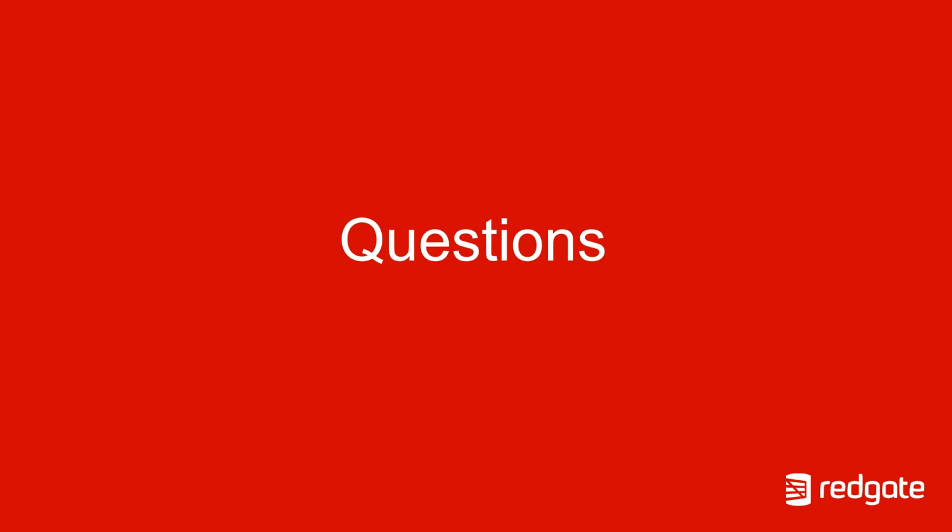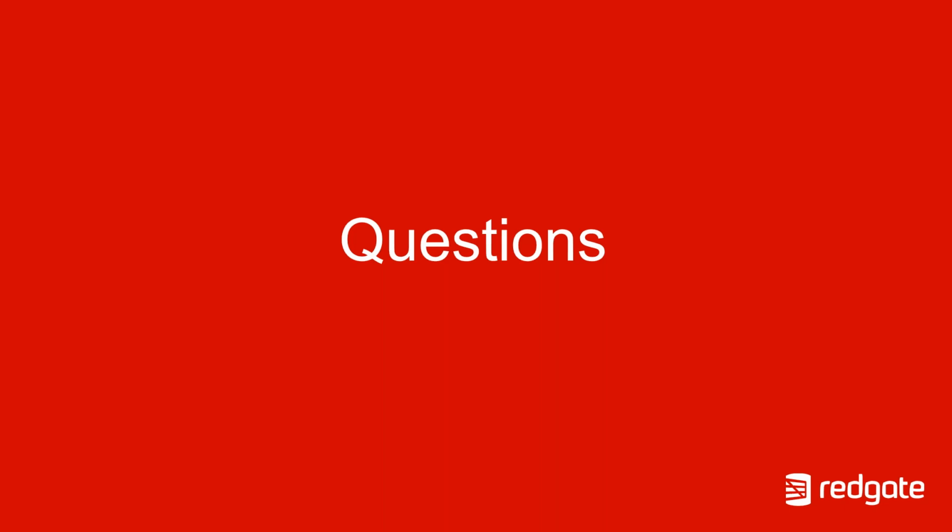Another question here: are there any further resources around DevOps and Redgate solutions? Yes, we have. I've covered a few areas in a very broad sense today. If there are particular parts of it that are of interest to you, then you can head on over to the Redgate website. There's the DevOps solution page at red-gate.com/DevOps.